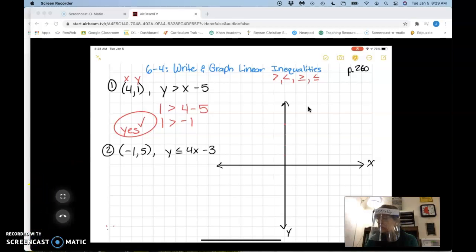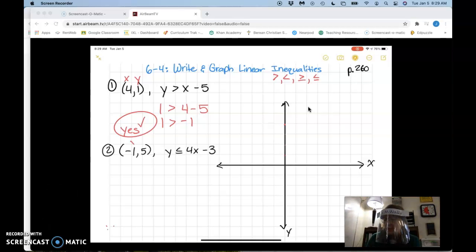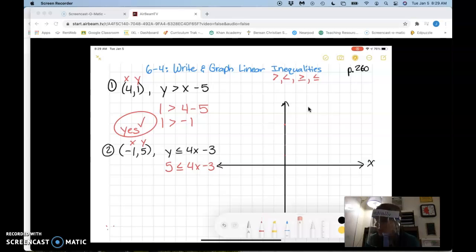Okay, so again, we're just going to plug in this ordered pair to this equation and see if it makes the equation true, or the inequality true. So y is 5 this time. Oops, hold on. I wrote x and I need to write what x equals. So x this time equals negative 1.